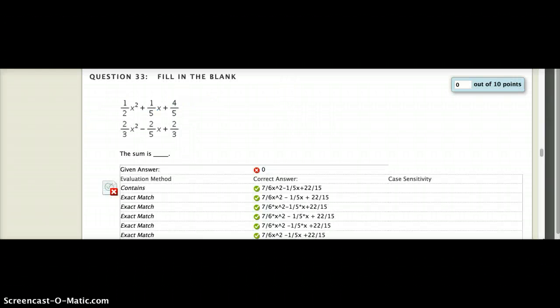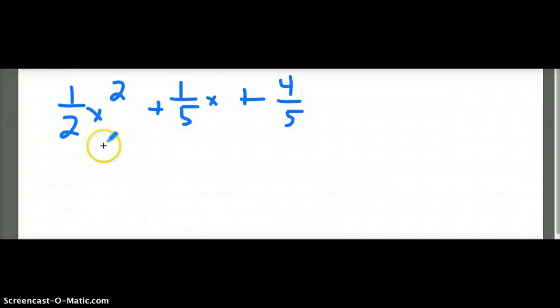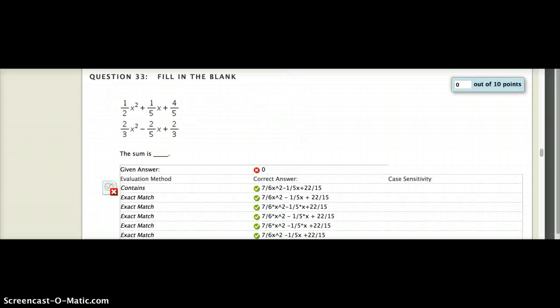And our second one is 2/3 x squared minus 2/5 x plus 2/3.